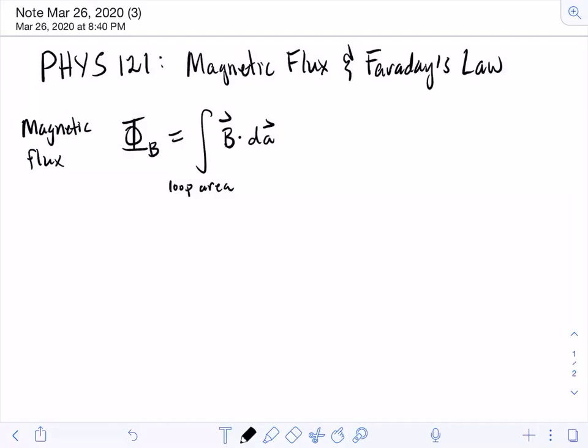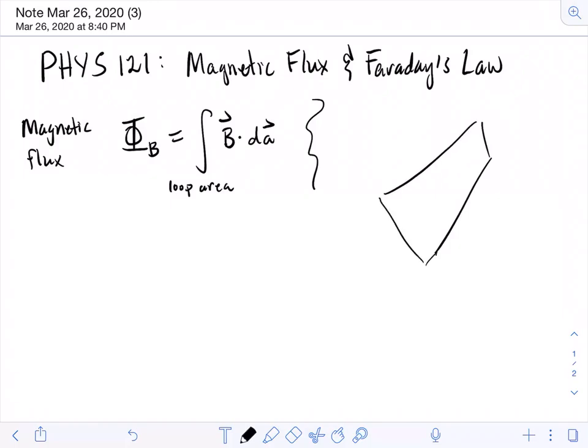So at the end of the last video, we wrote down the expression for magnetic flux, and I've repeated that expression here. It's the integral of B dot dA, where the integral is over the area of some kind of loop. So we might imagine that we've got some kind of loop.